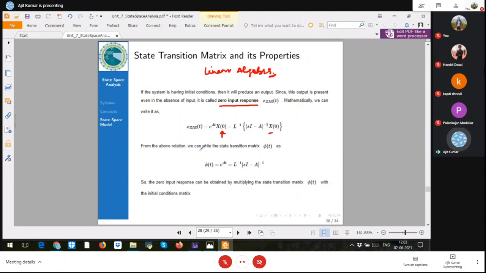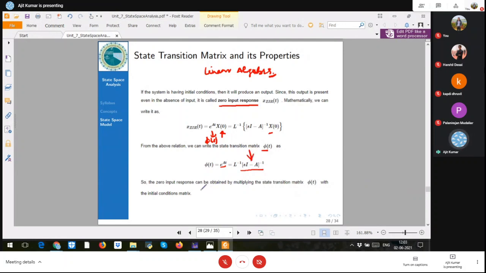From the above relation we can write e^(At), I mean phi of t, which is essentially your state transition matrix. This is your phi t. Please remember that one. So e^(At) will be equivalent to L inverse of (sI minus A) inverse. This matrix is known as the state transition matrix.